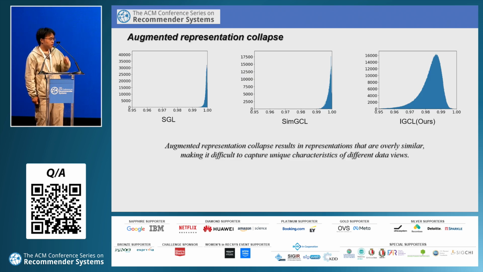However, most existing graph contrastive learning methods fail to effectively control the amount of shared information between contrastive views. That is to say, they will lead to the problem of augmented representation collapse. Let's see the picture. This results in representations that are overly similar, making it difficult to capture the unique characteristics of different data views.